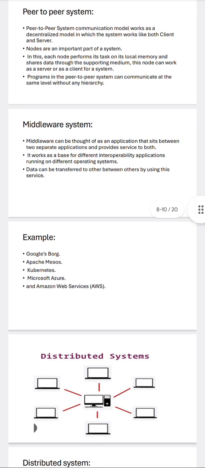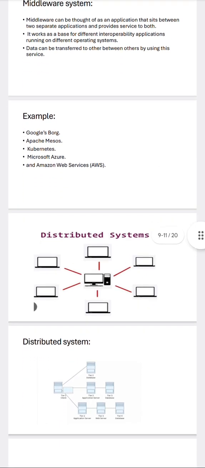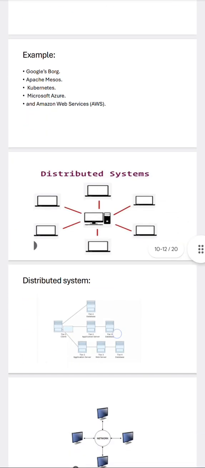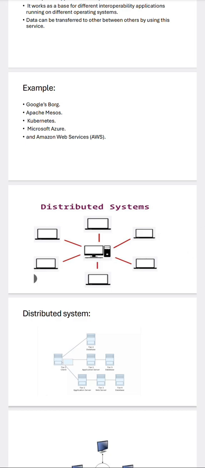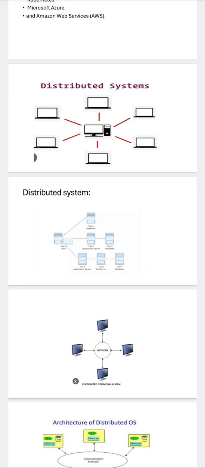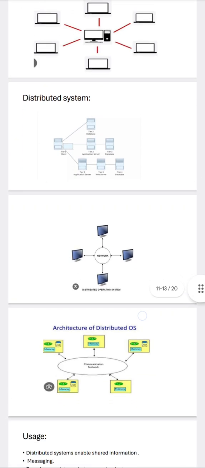Then I have given some diagrammatic views for distributed systems in 3 cases. First, using the PC connected by thin clients. Next, for the distributed system with some examples, I have given 4 diagrammatic views.